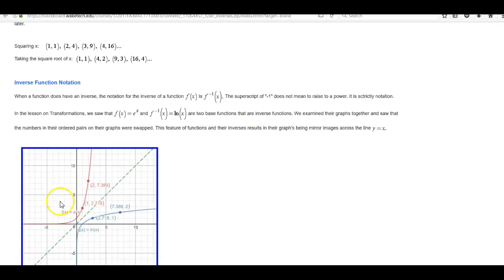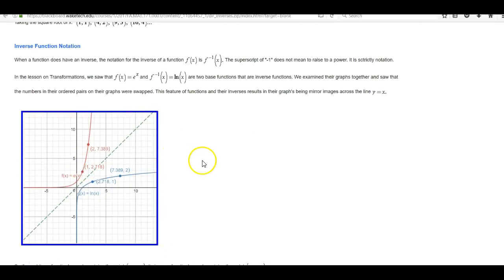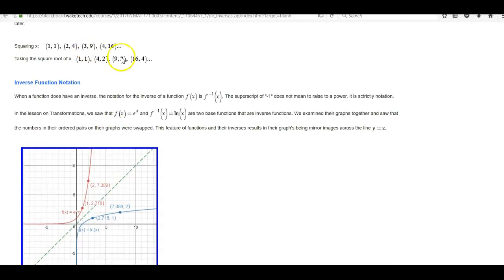Now if you look at the picture or the graph of a function and its inverse, a function's inverse is a reflection of the function across the identity line y equals x. And you'll notice that that really is the visual manifestation of these ordered pairs being reversed.